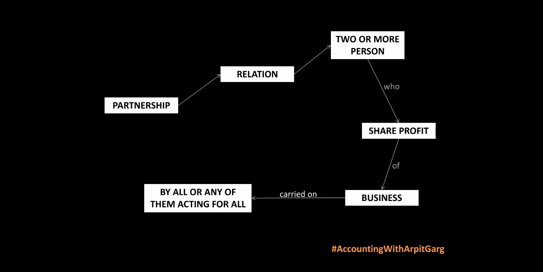But we must remember that all partners are severally and jointly liable for all the activities done in the name of their partnership firm. So let's read once again. Partnership is the relation between two or more persons who have agreed to share profit of business carried on by all or any of them acting for all.